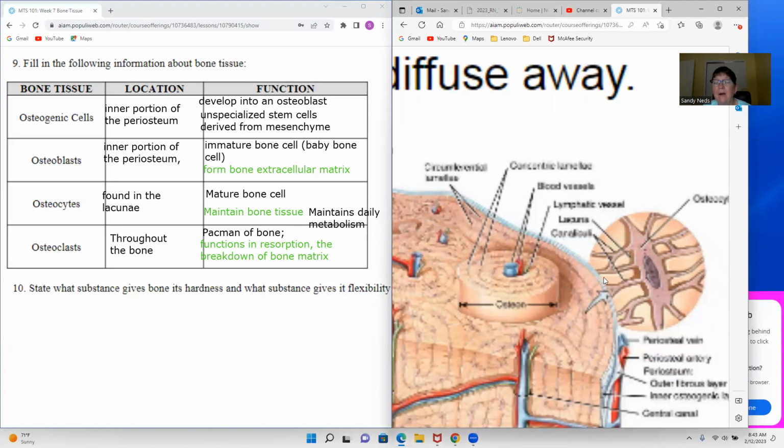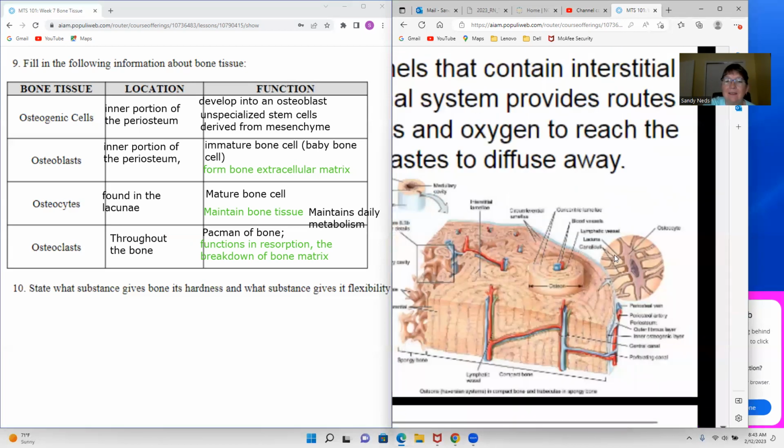And the canals that we can see, these little thread-like regions, so we can see the canals a little better. The canals connect the lacunae, the little lake, to the blood vessels so that nourishment can get to the mature bone cell called the osteocyte.